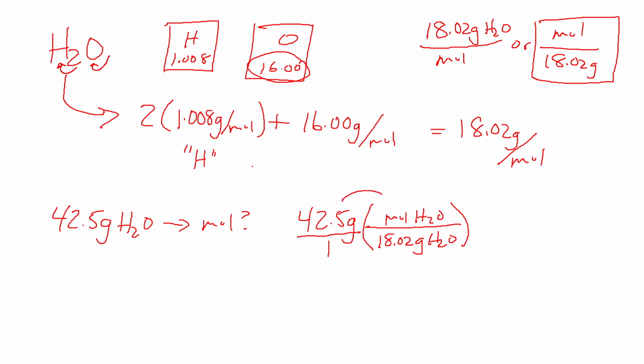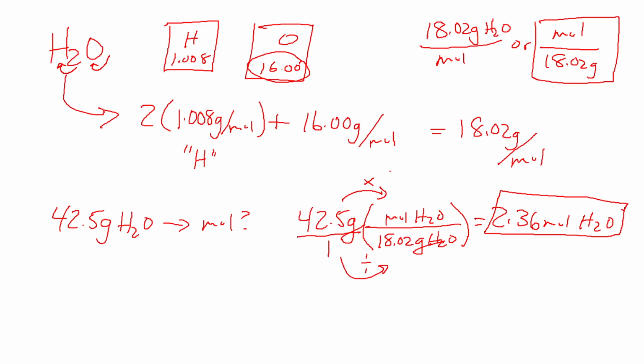Once again, dimensional analysis, multiply the top, divide the bottom, and here the grams will cancel. We'll take 42.5 divided by 18.02. Gonna get us 2.36 moles of water.